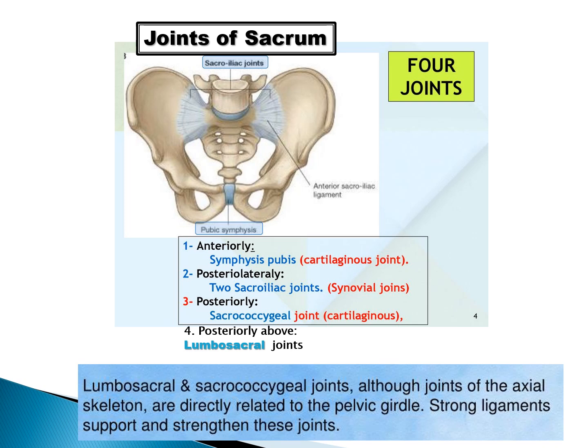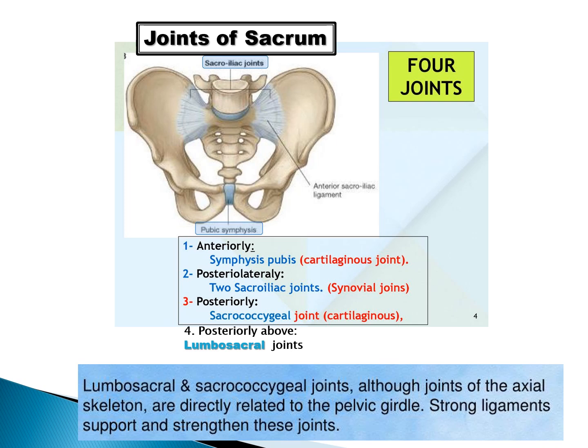So, sacrum articulates mainly with four joints. Anteriorly, pubic symphysis. Posteriorly above, lumbosacral joints; posteriorly and inferiorly, sacrococcygeal joint; and posteriorly laterally, two sacroiliac joints.